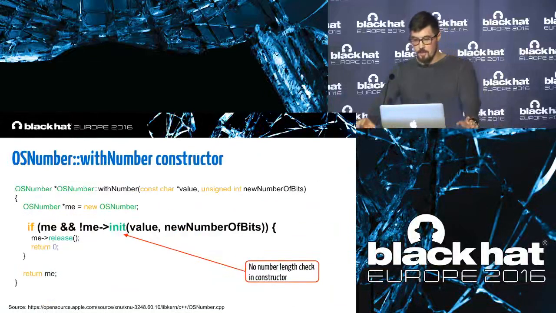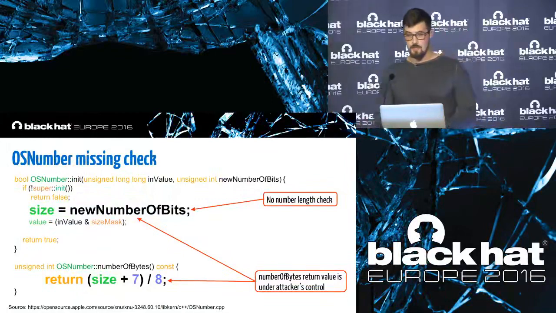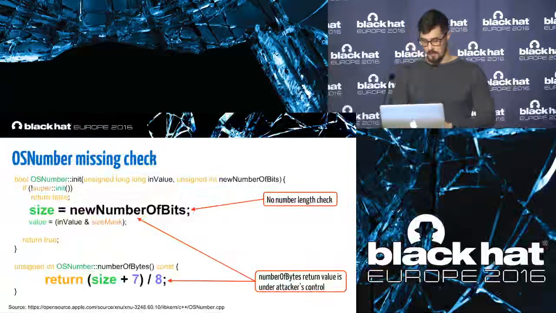What it does is call a designated constructor, OSNumber init, again without any checks for the length property. And finally, init blindly trusts all the input arguments to the method and overrides one of the object fields with the new number of bits in this case.